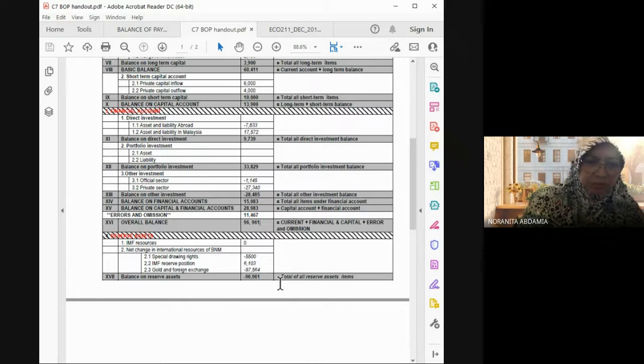Untuk yang macam ni, you tengok ni, right, now 96961 kan, this is actually mean positive, mean surplus. Surplus means what? The asset is actually increased, but our asset is negative 96961. Yes, it's negative, but the meaning is actually increase. The asset is increased. The meaning is always in line, must be in line with the overall balance here.